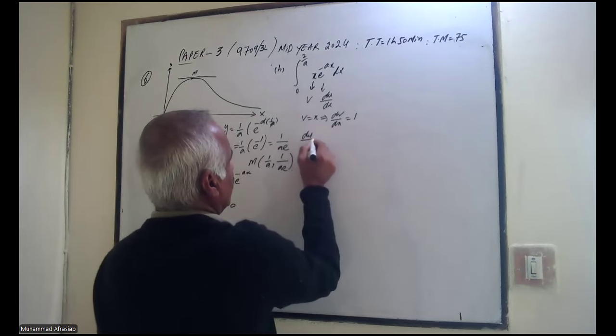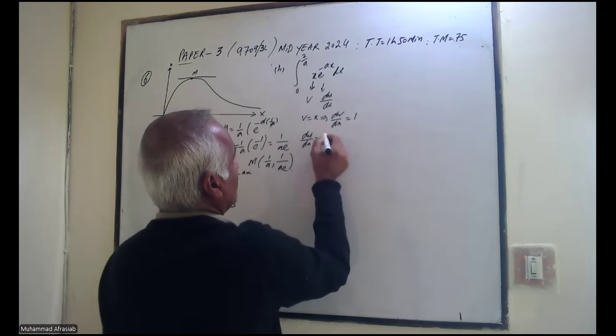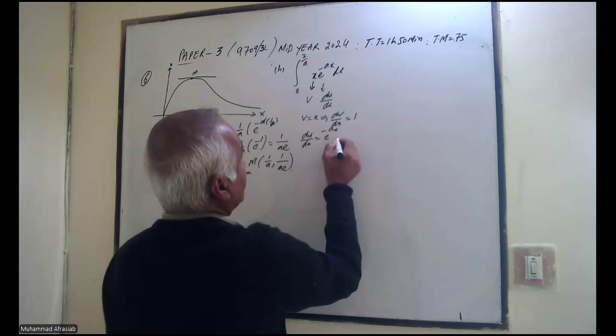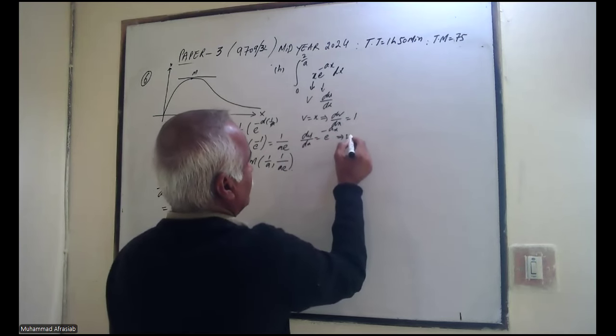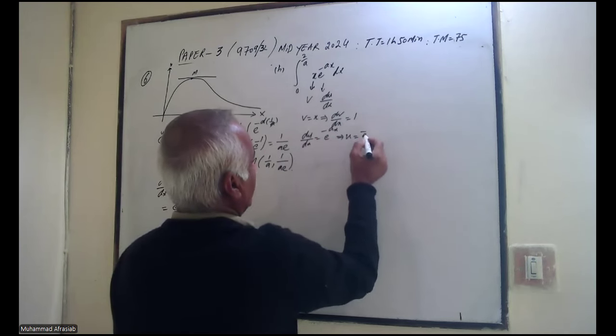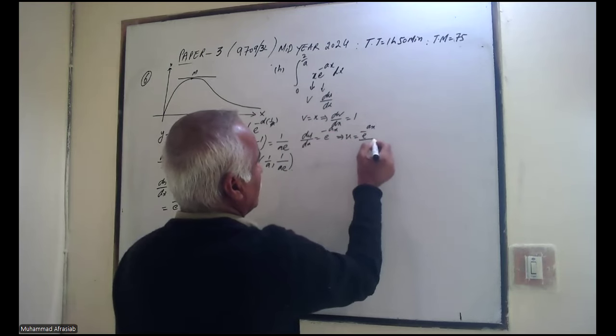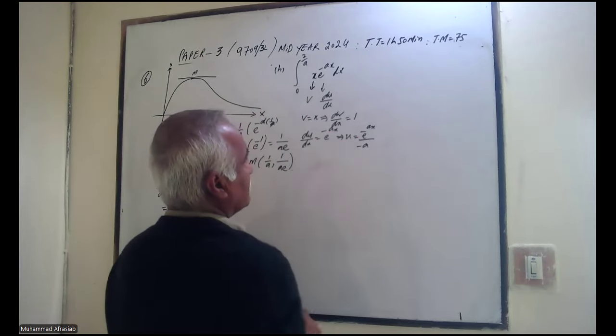And here v is equal to e power minus a x, so dv by dx is equal to e power minus a x, which means v is equal to e power minus a x over minus a.